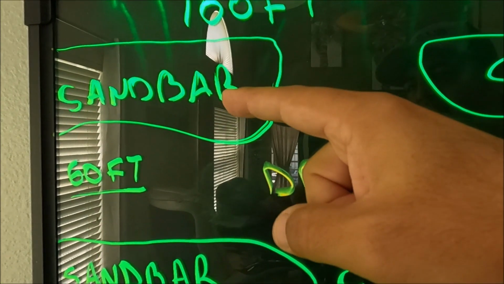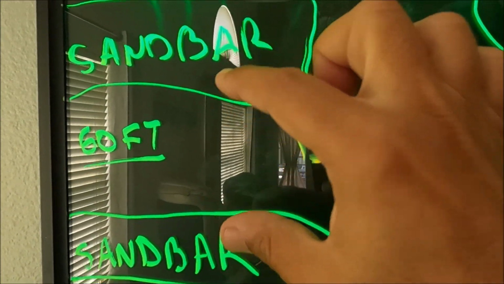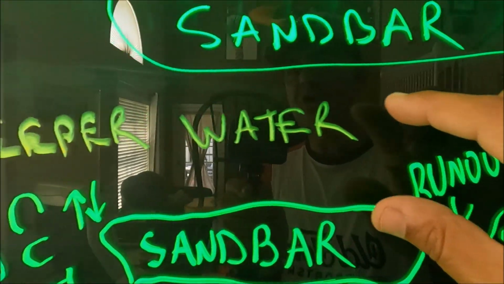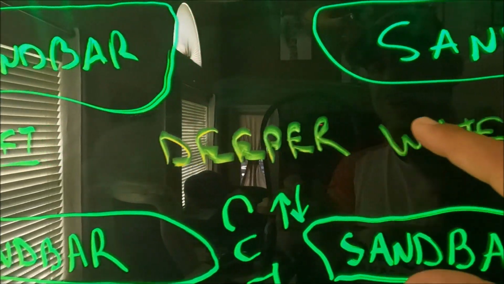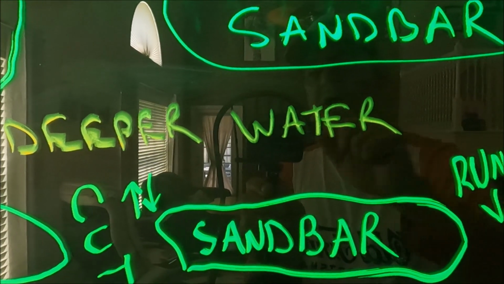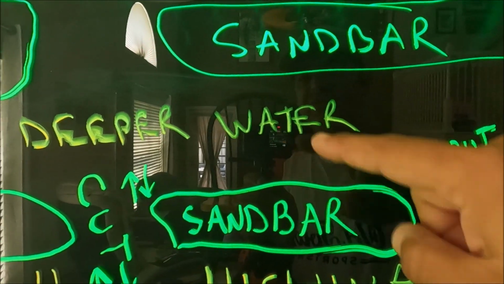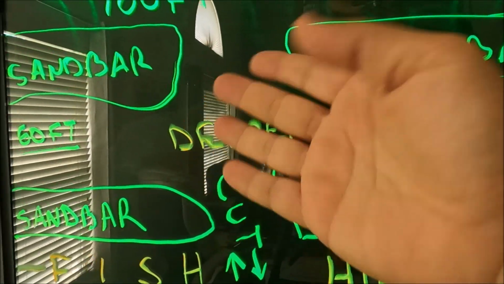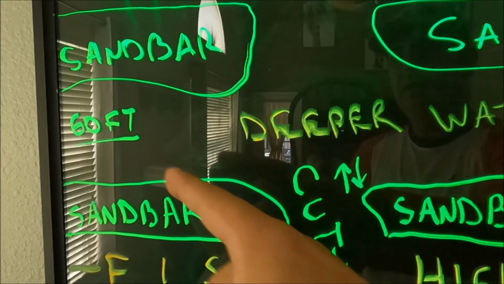So when you see the second one, that's another deeper water, which is your trough, further down between two sandbars. Between two sandbars, another rod, 40, 50, 60 yards, depends on the tide.